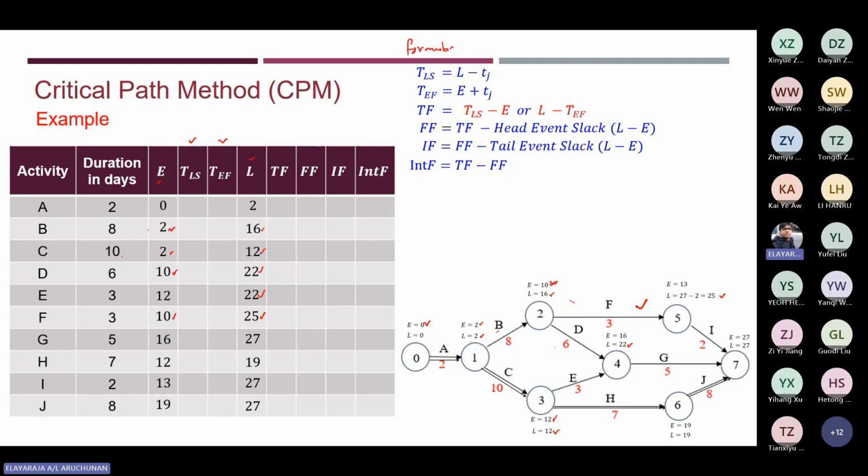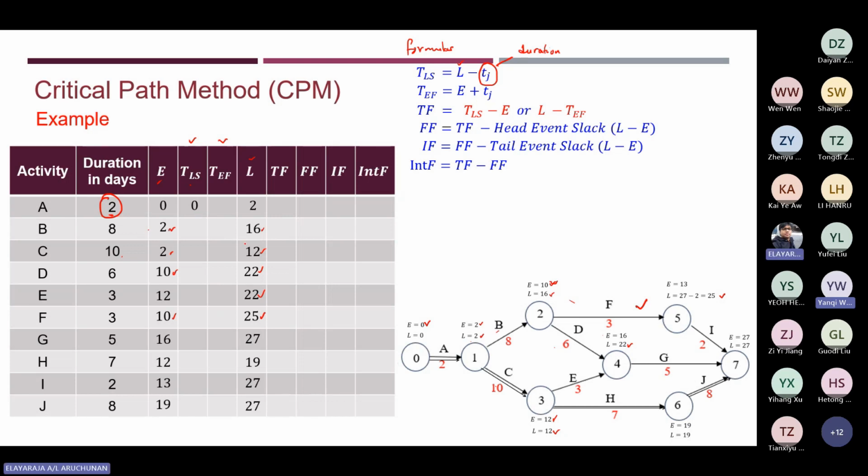So first, you already know the latest finishing time is given, so it's 2. Then 2 minus the duration of the activity, which is given as 2. So 2 minus 2, you get a latest starting time of 0.